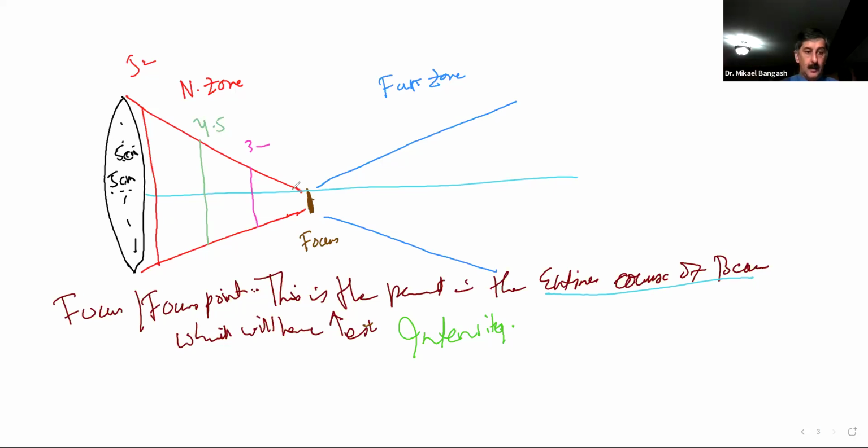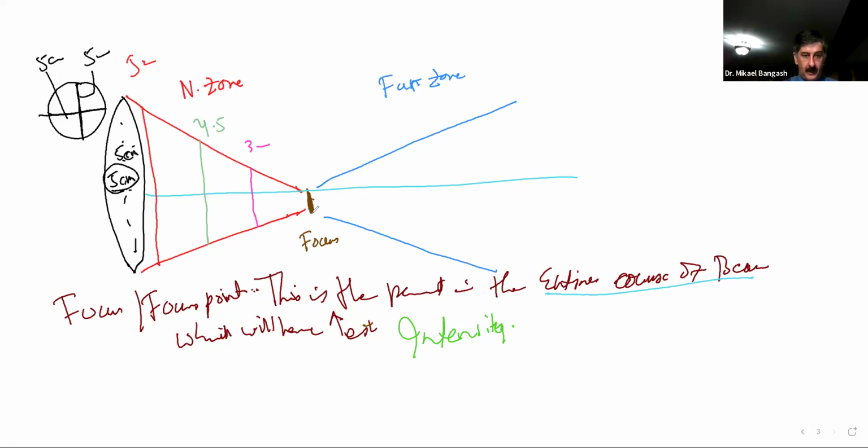Now if the PCT has a diameter of 5 centimeters, that means from side to side this measurement would be 5 centimeters, and from top to bottom this dimension also would be 5 centimeters.